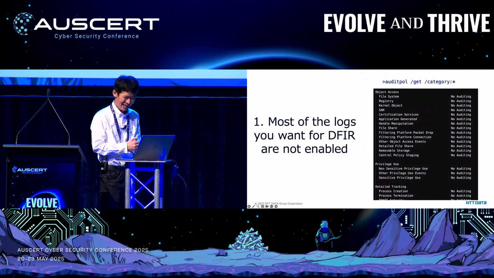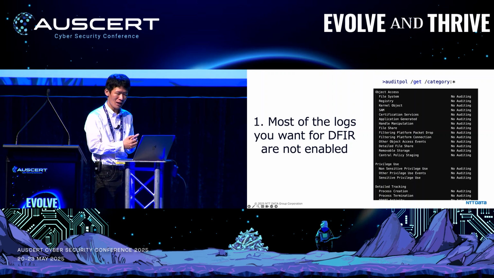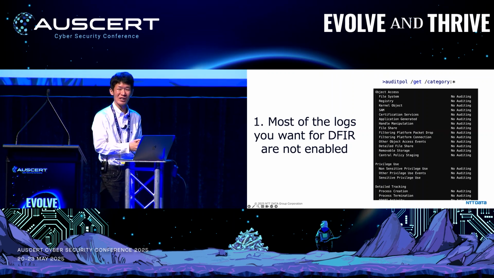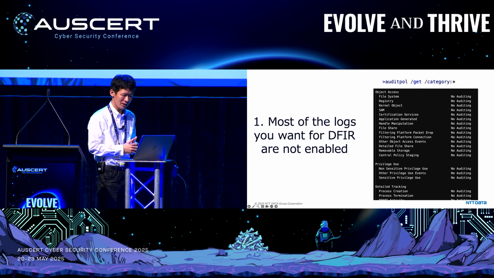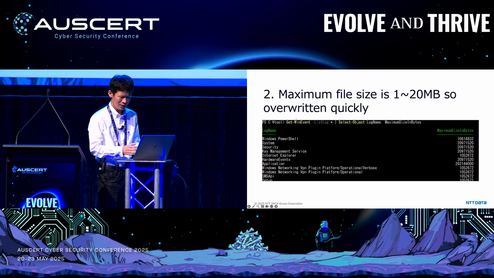This is the output of auditpol, the built-in Windows command used to check event log audit settings. As you can see, most categories are not audited by default. This is a screenshot showing the size of EVTX files using the PowerShell Get-WinEvent command.